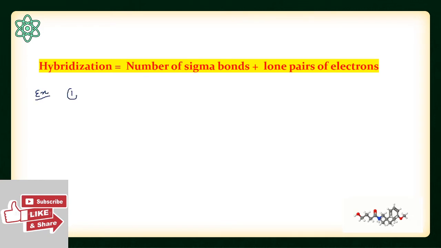The first example we are going to take is a simple compound, that is CH3CH3, and here we are told to find the hybridization of the first carbon atom. So first step is to count the total number of sigma bonds, which is very easy.